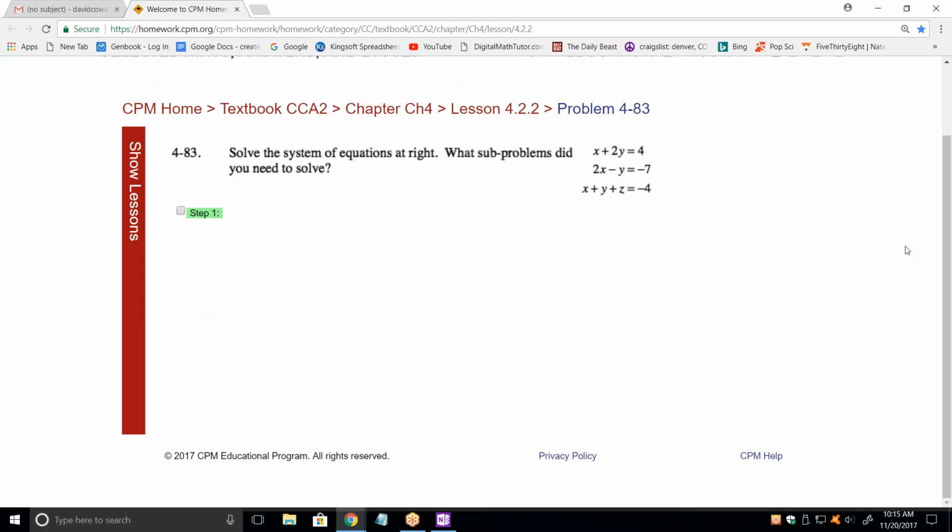Usually when you have 3 equations and 3 unknowns, there's a very specific method that you solve it with, but sometimes they give you a little bit of a break, and you don't have to use that harder method. Okay. This is one of those.